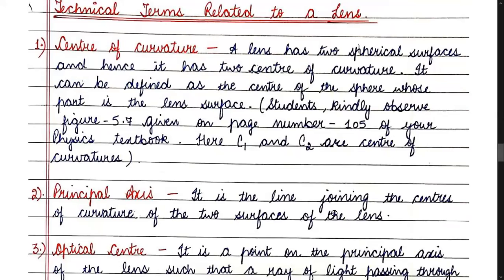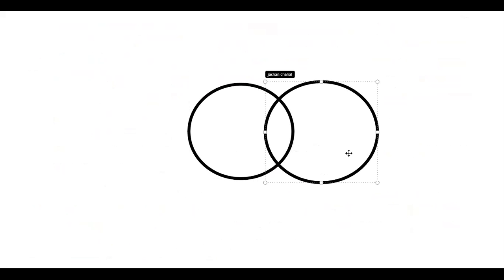For example, in case of a convex lens, there are two spherical surfaces overlapping each other. So the center of the first surface will be written as C1, while the center of the other can be written as C2.